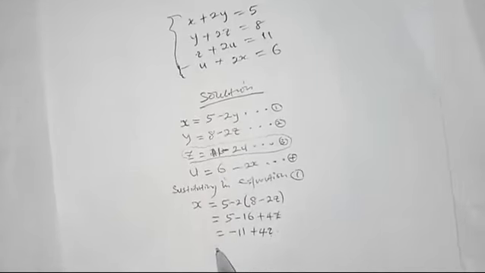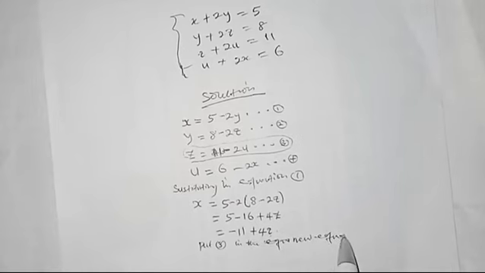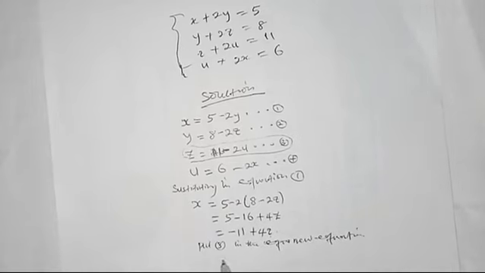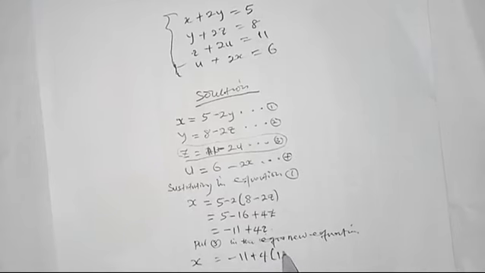And so doing that, we can just write: put 3 in the new equation. And of course when we do that, what we are now going to have is that our x becomes minus 11 plus 4 into our z, which is 11 minus 2u.